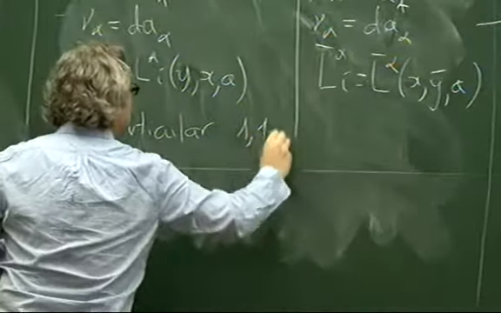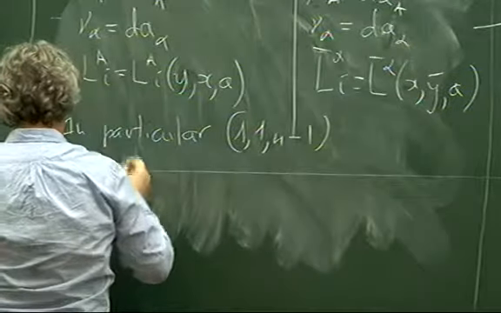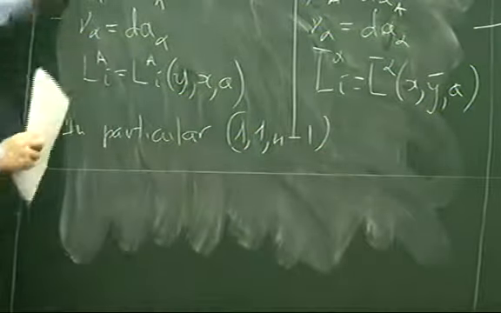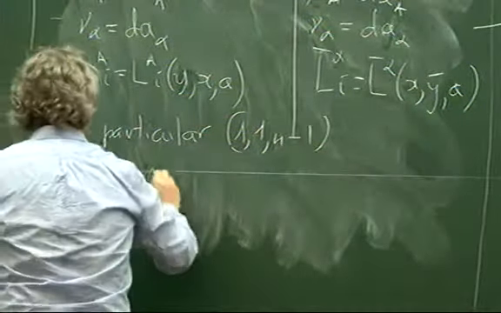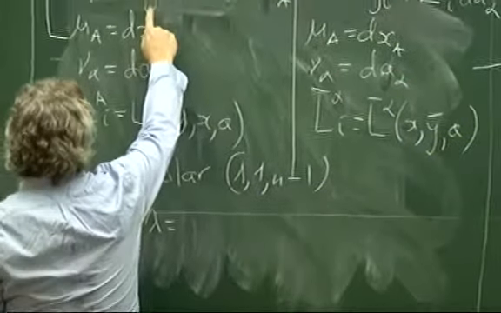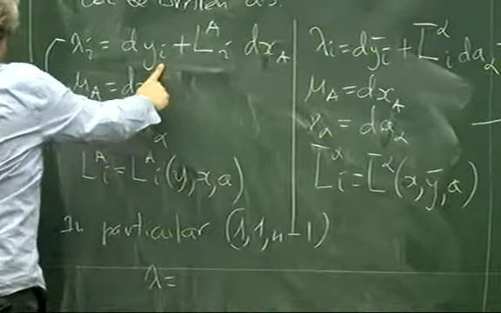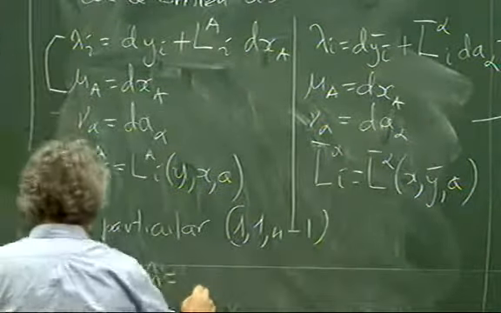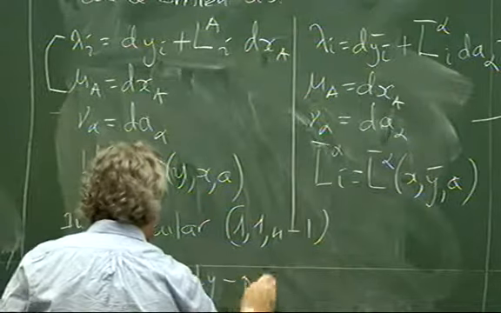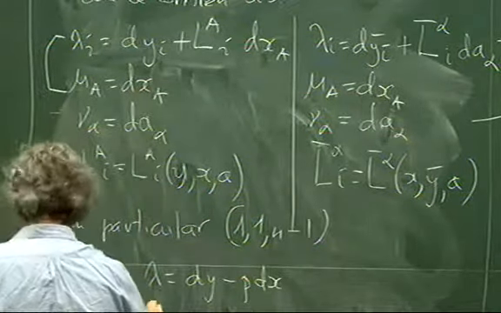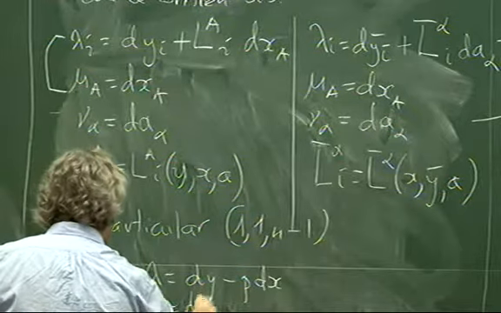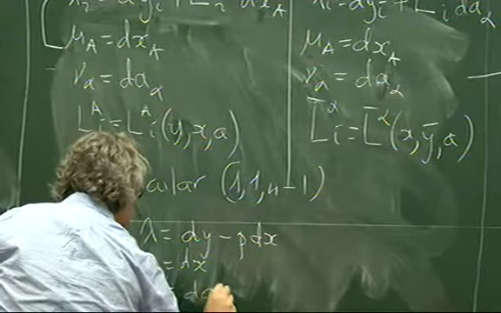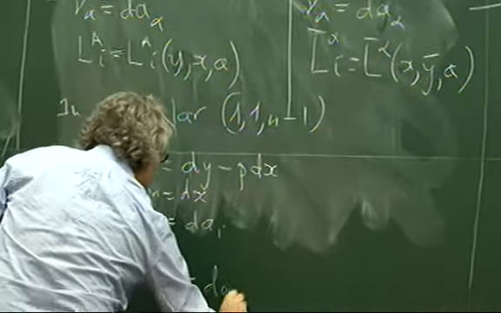for 1, n minus 1, I can use, for example, this representation. So for 1, n minus 1, I will have only one form lambda. So there will be only one y and yx here, and then I can write this lambda as dy minus p dx, and mu as dx, and nu1 up to nu n minus 1 as dA1 up to dA n minus 1.